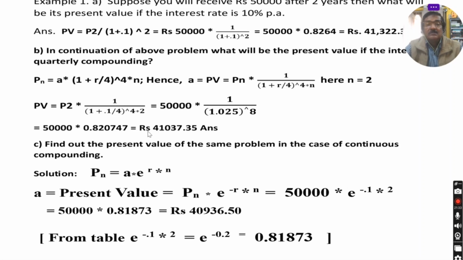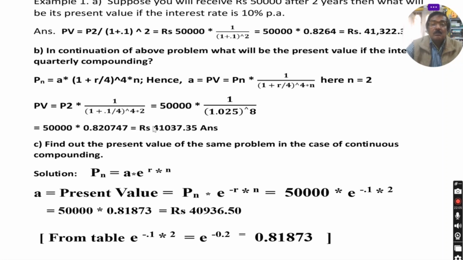If you compute it, the value will come to this. You can check the value. This value will be higher than this. What was this? 41,322. As it is a present value, the more quickly it is compounded, the present value will be lesser, but the future value will be more if the compounding is faster.